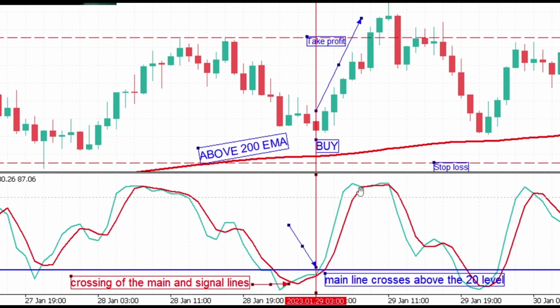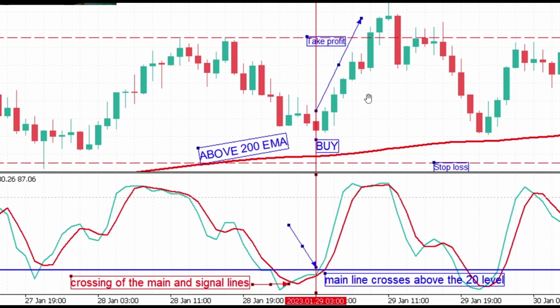When it crosses here, then we're going to exit. Or we can make use of ratio. Maybe we can make use of 1:2 or 1:1.5. So you make use of those ratios.